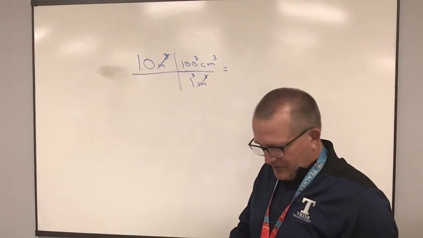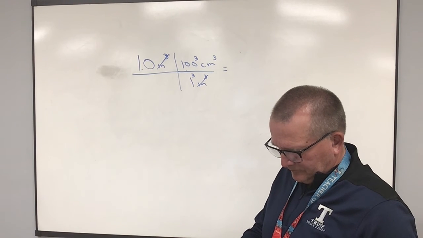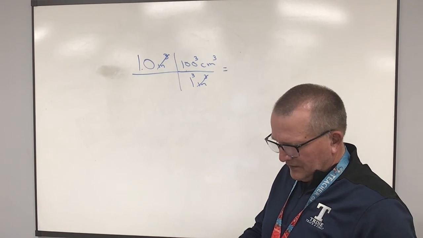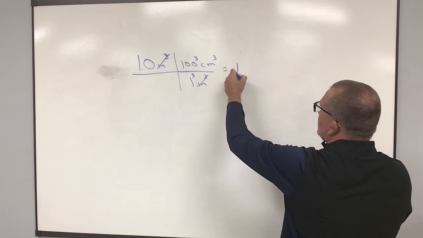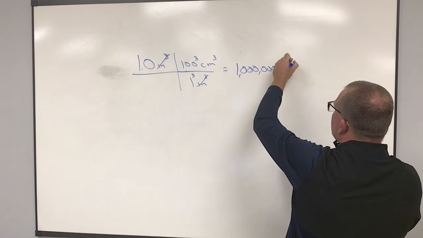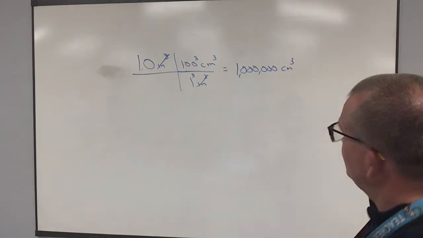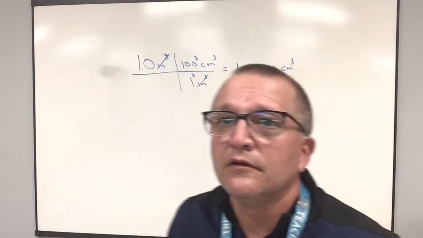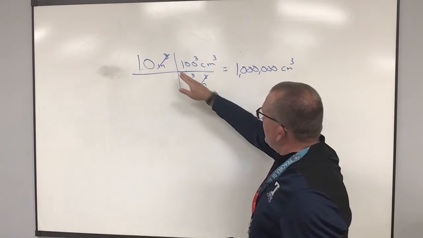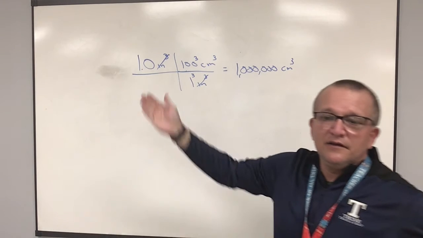And when I go 100 cubed, I get 1,000,000. So the answer will be F in this case, for this multiple choice problem. Again, if I want to use a regular conversion factor, I want to cube it, just cube the whole conversion factor, and everything's good.